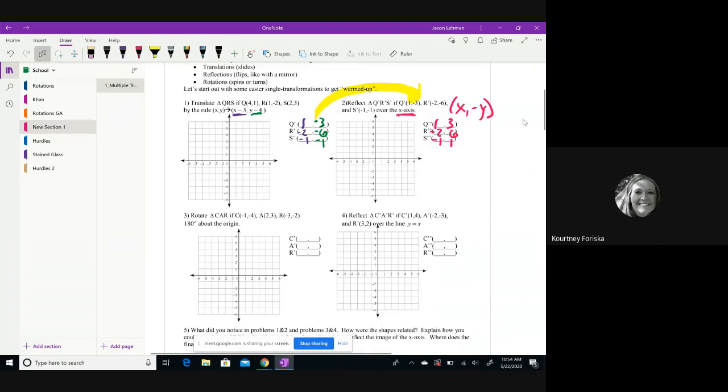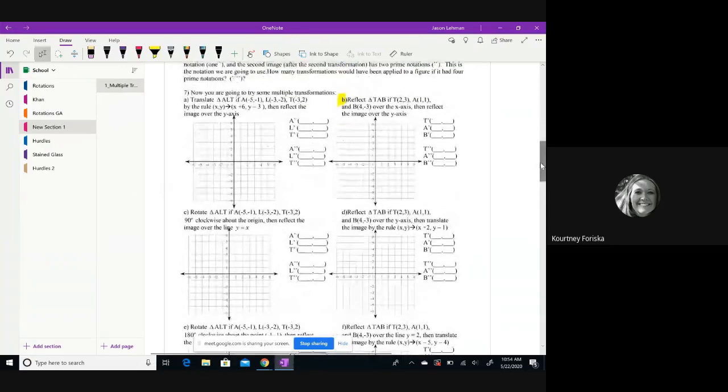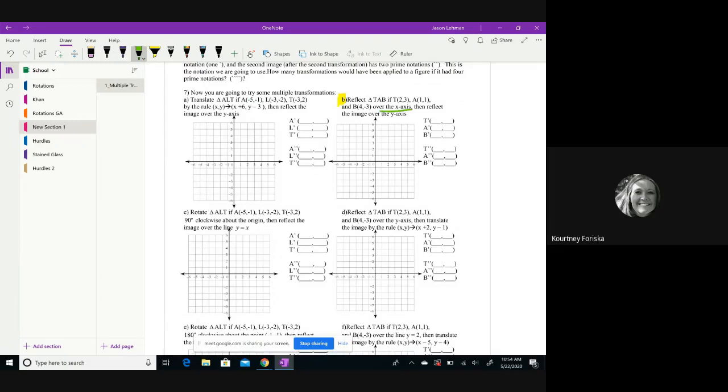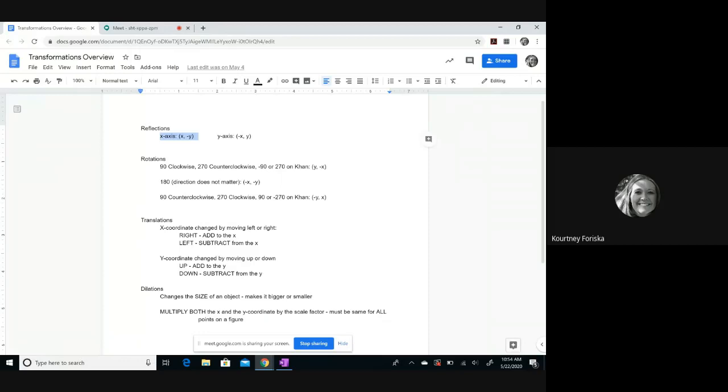So how it's going to look with some of the other problems, if we actually put those together in one, I'm going to take a look at letter B here. It asks me to first reflect over the x-axis. So x-axis reflection, again, x, opposite of y.